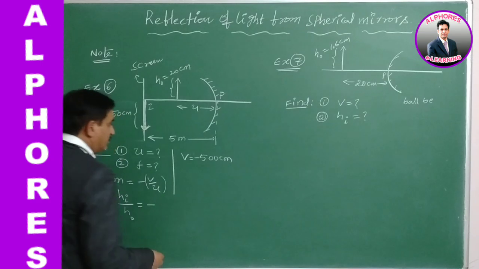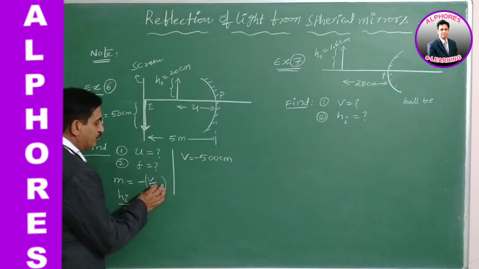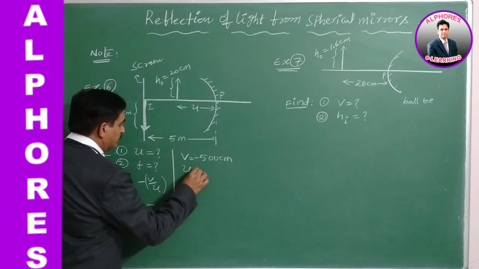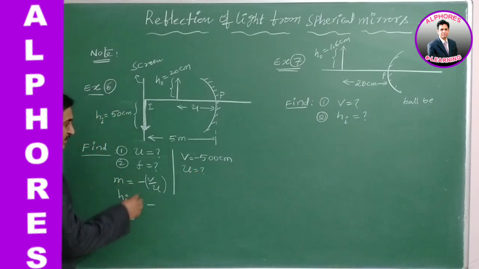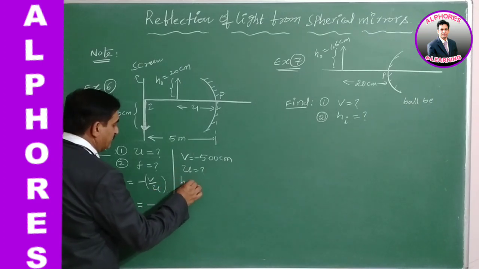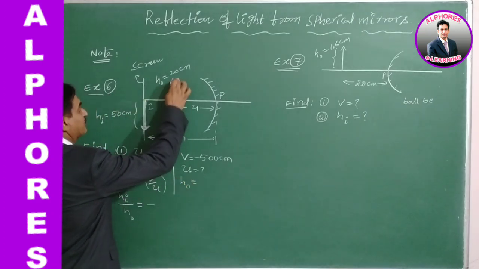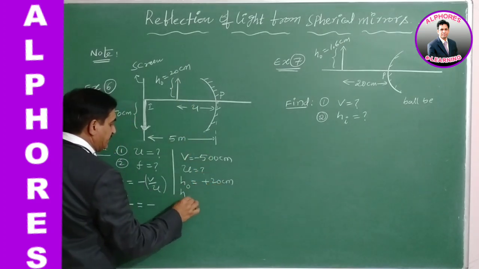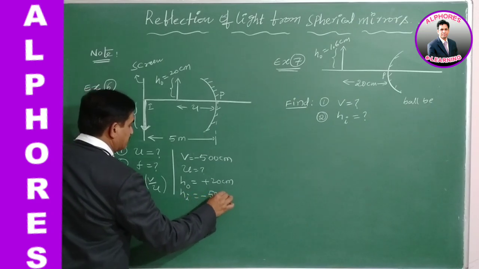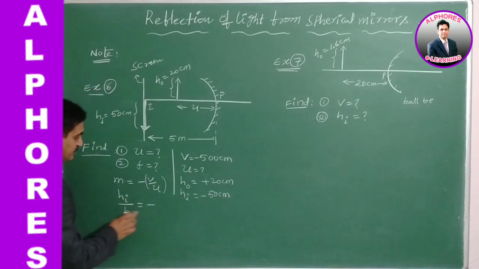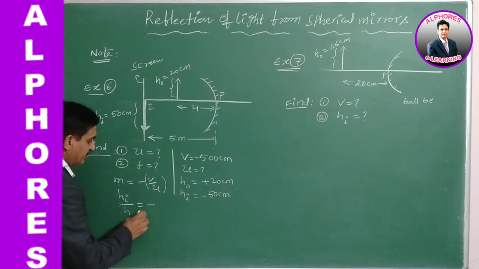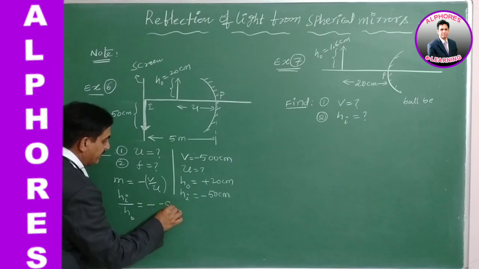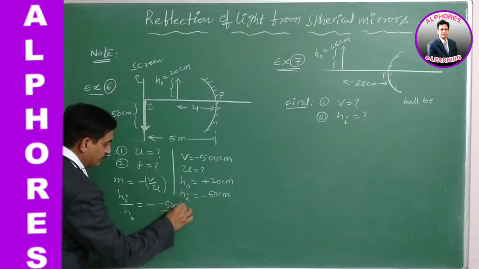So in this case, we are going to find u. Don't use sign convention for u. Remaining all are given. H0 is above the principal axis, so plus 20 centimeters, sign convention. Hi is minus 50 centimeters. Here put the values. So Hi by H0 is equal to minus v by u, which is minus 500 by u.